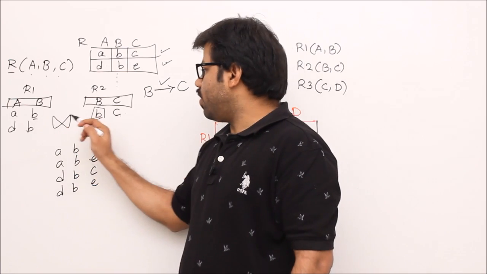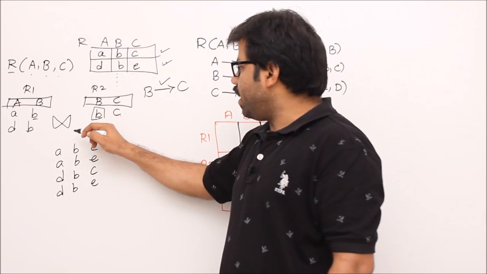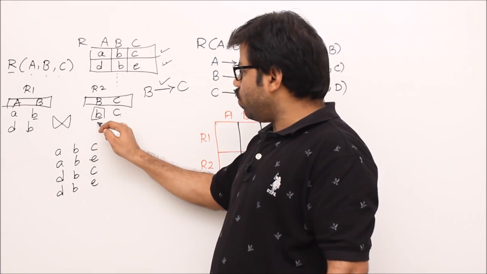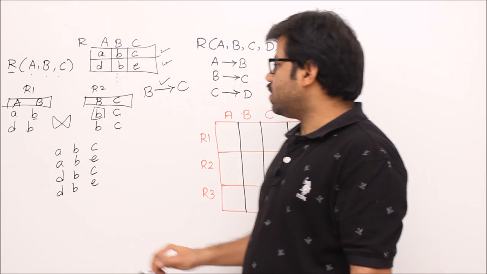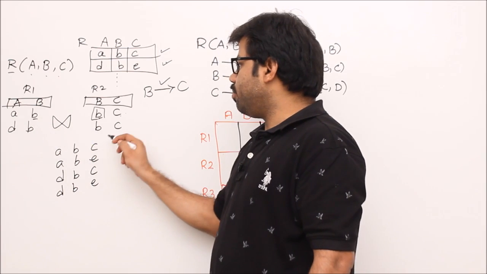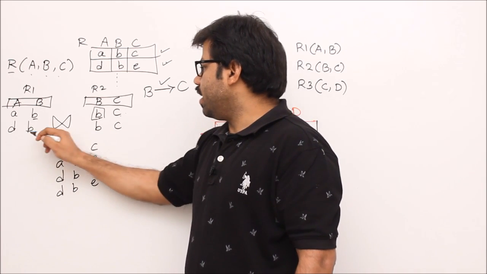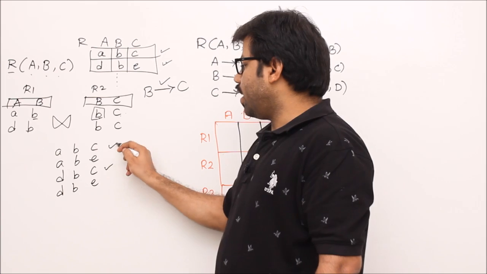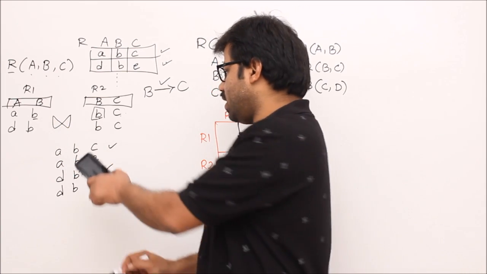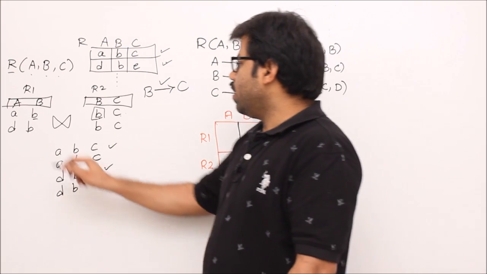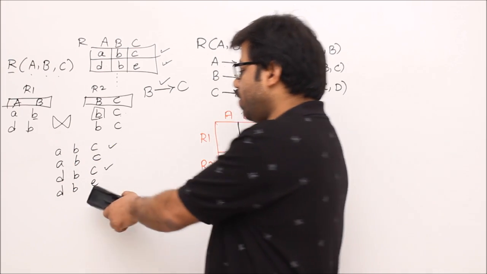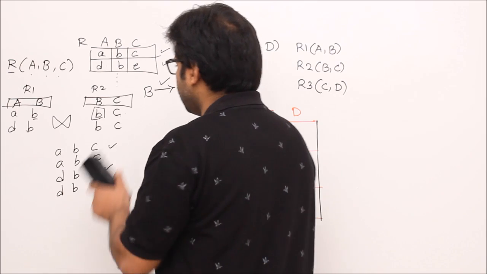Now let's say you have only BC, not B and something else. When you join, you get ABC and DBC, and if you have 2 BC tuples, one more ABC and one more DBC, but you never get spurious tuples, correct?